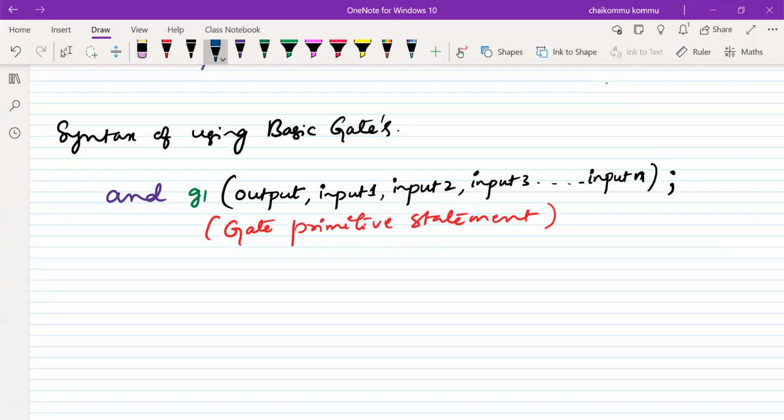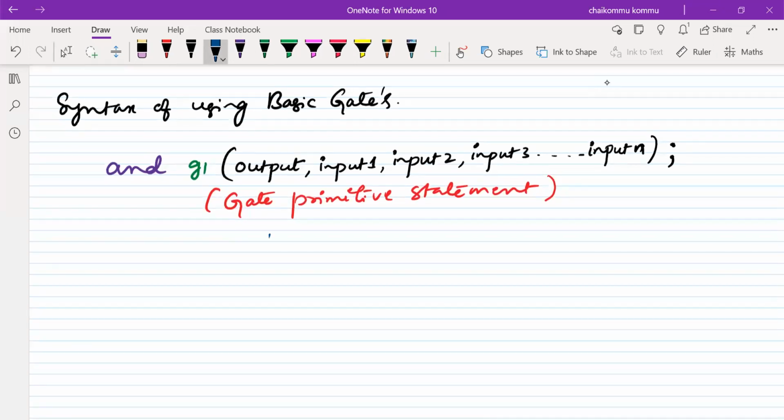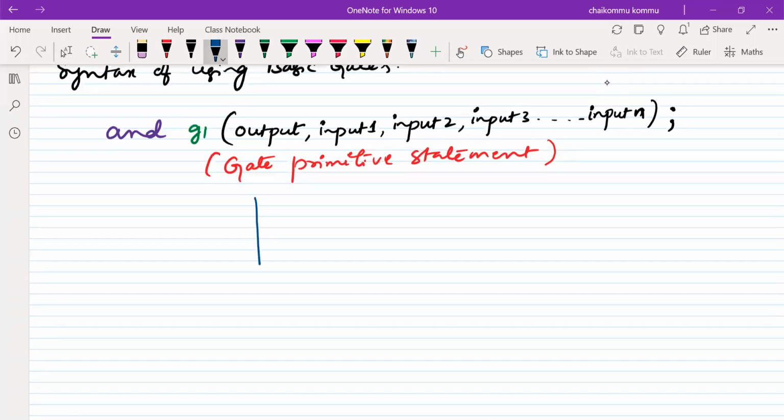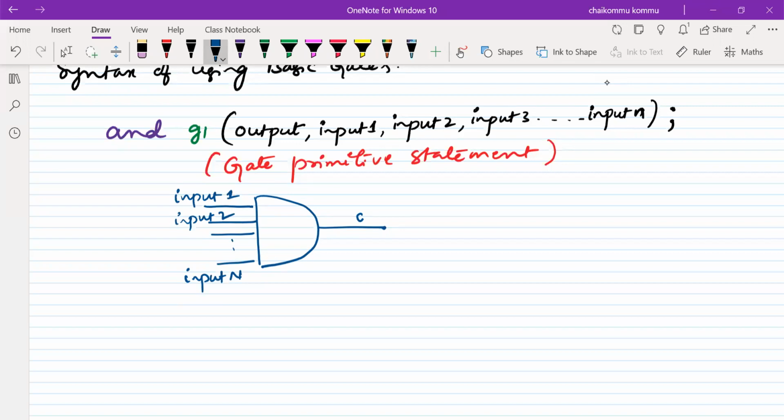It is actually an n-input AND gate, having input 1, input 2, input 3, up to input n, and this is the output.